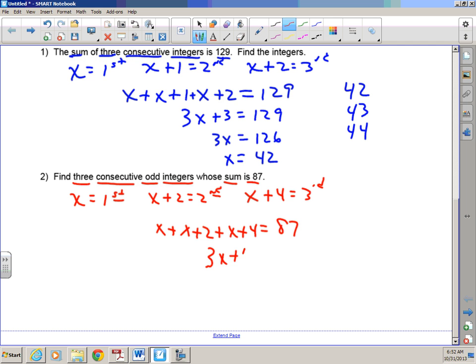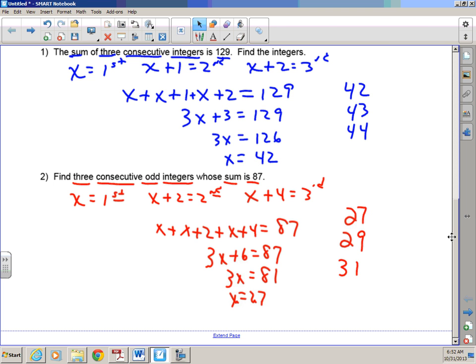Three x plus 6 equals 87. 3x is 81. X is 27. So 27, 29, and 31. And if you were to add them, they would add to 87. Let's continue.